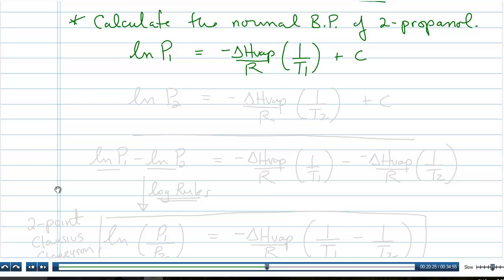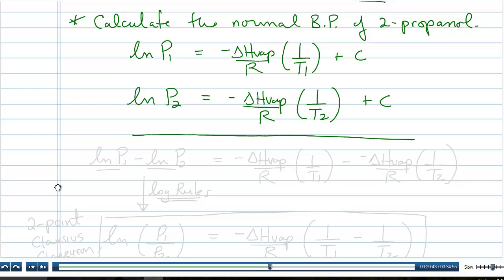Let's do the same thing. The natural log of P2, a new pressure, equals negative delta H vap over R times 1 over T2 plus C. Okay?